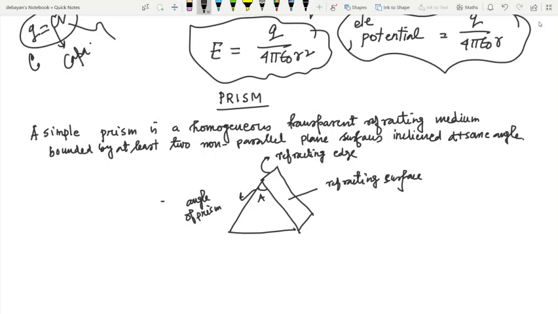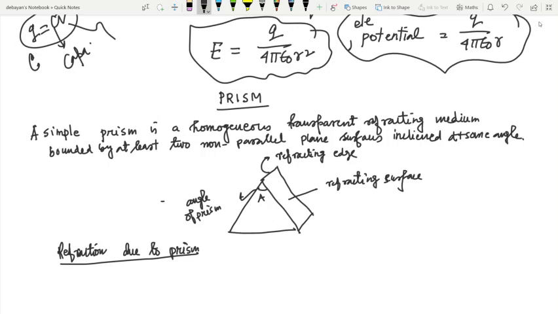Now we will derive a relation, which is one of the important relations. We are dealing with refraction due to prism.